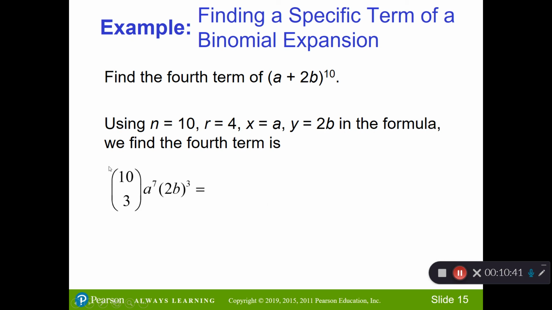So we would have n choose r minus 1, a to the n minus r minus 1. So 4 minus 1 is 3, so 10 minus 3 is 7. And then 2b to the r minus 1. So if we go ahead and expand that, we get 960 a to the 7th b cubed.